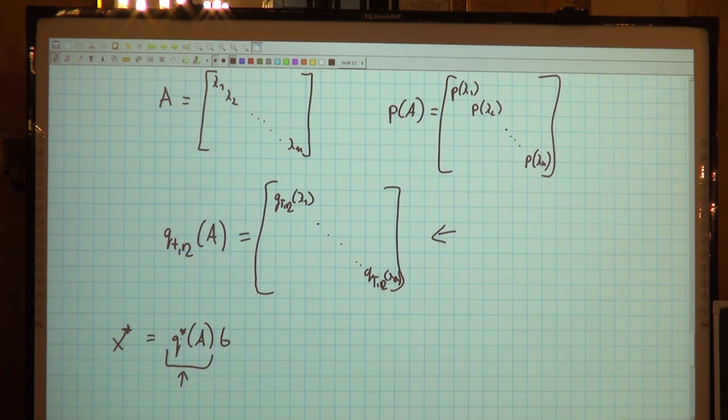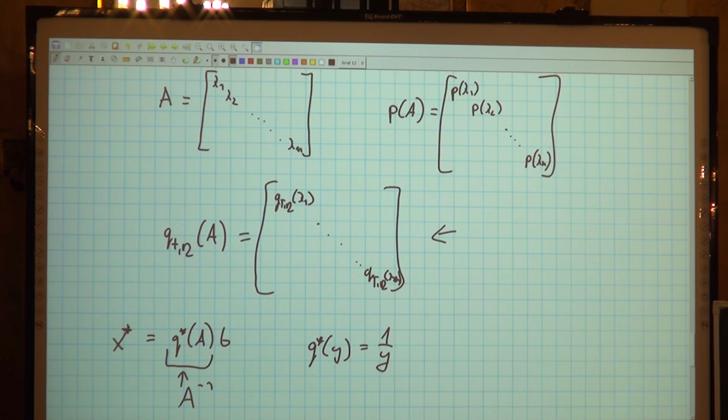Can someone speak up? What is the answer? The inverse, exactly. Ideally, I would like this univariate function to be exactly 1 over y, because then this would be just A inverse, and I would get the optimal solution.